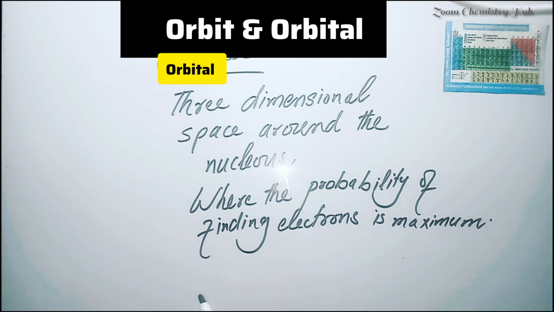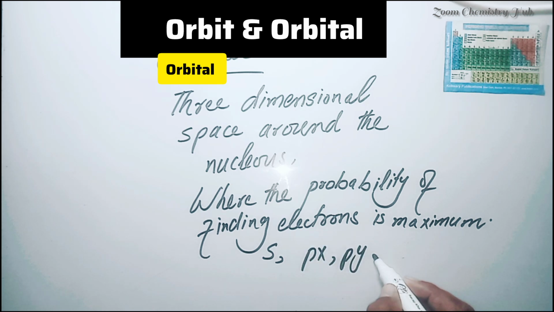The examples of orbitals are the s orbital, and the p orbital, which has three degenerate orbitals, that is px, py and pz.